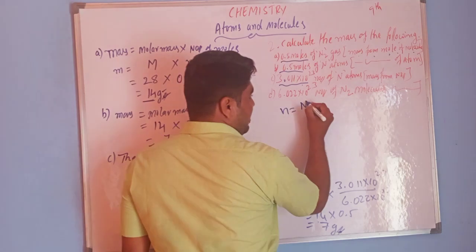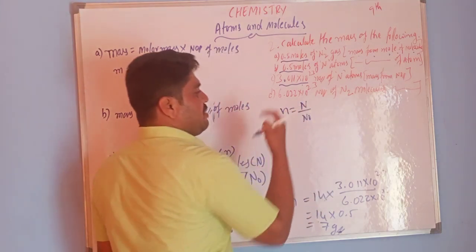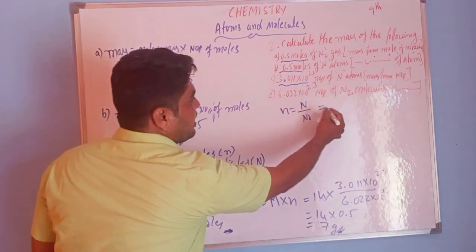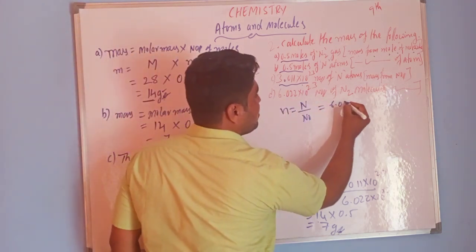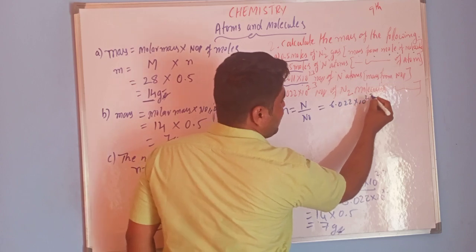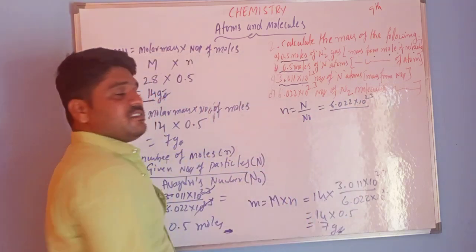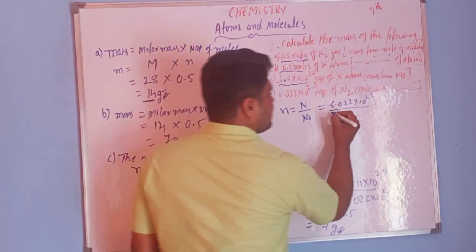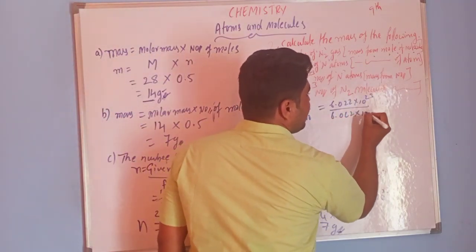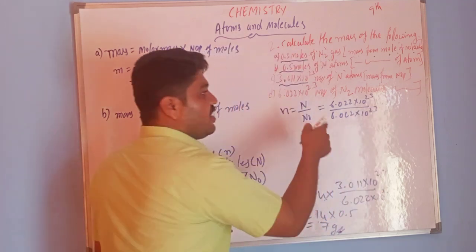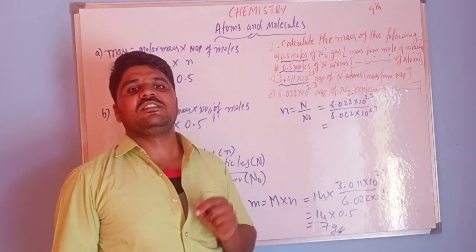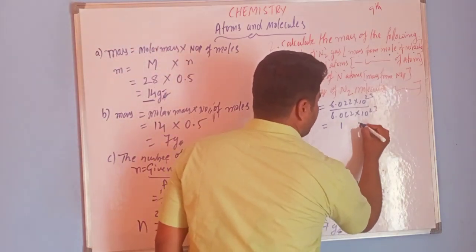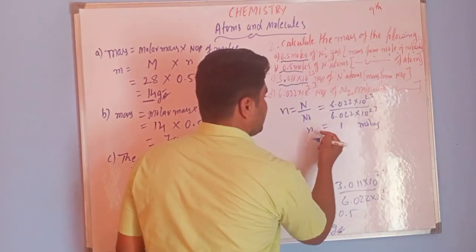So n equals given number of particles, 6.022 into 10 to the power of 23, divided by N naught, Avogadro's number, 6.022 into 10 to the power of 23. So the answer is 1. You get 1 mole. So this is small n.